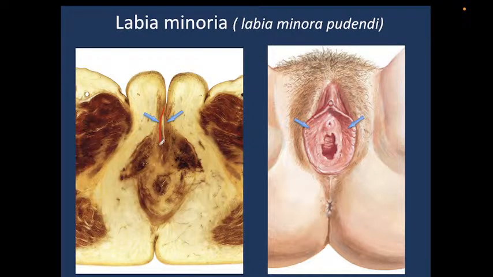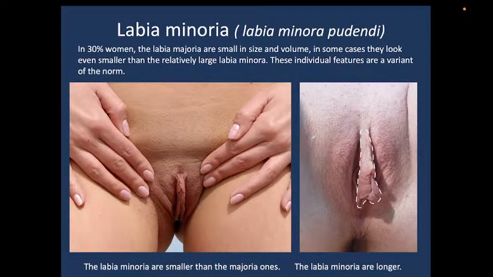Here it is visible in the more pigmented labia minora, and this is the vestibule of the vagina. An interesting fact is that, despite their name, labia minora in 30% of women may be larger than labia majora.